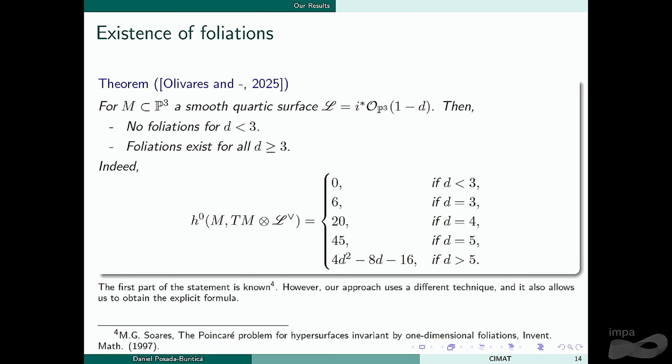With that, there is this theorem. For d less than 3, there are no foliations by curves with tangent bundle L. And for d greater than or equal to 3, there are foliations by curves on the K3 surface with that tangent bundle. Indeed, we have an explicit formula for the dimension of the space of the sections that define the foliations.